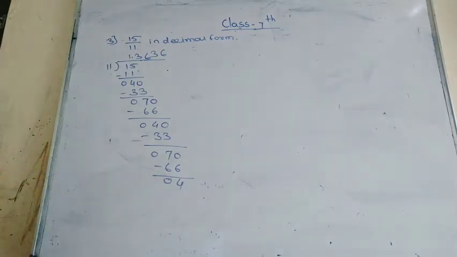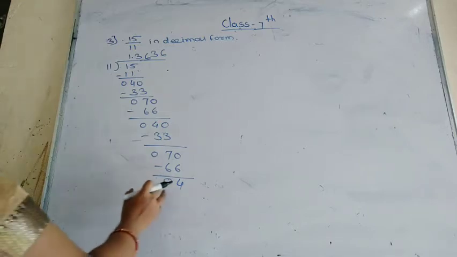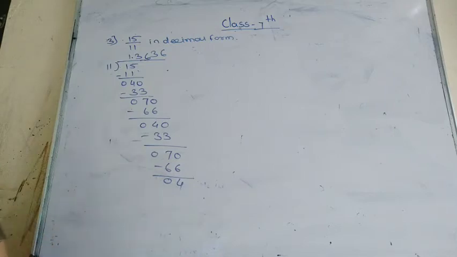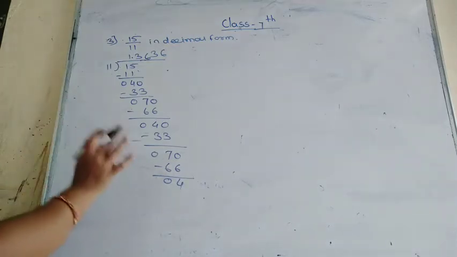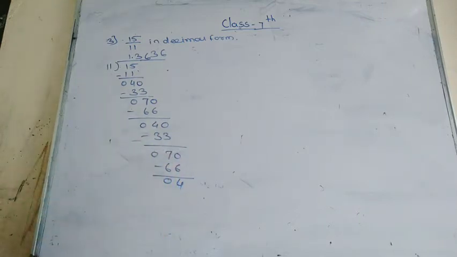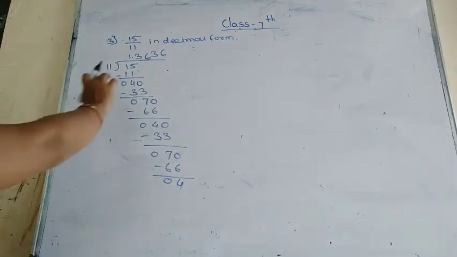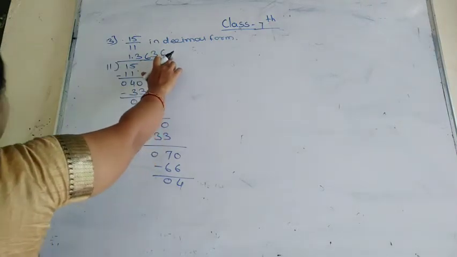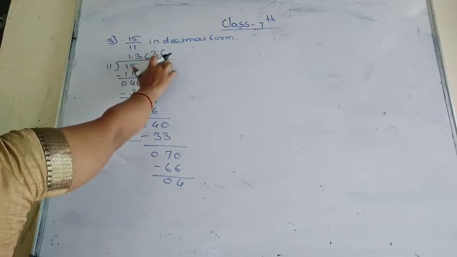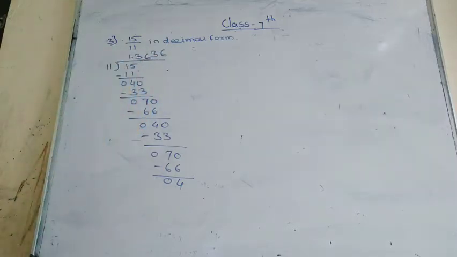Then see here, observe that the remainder repeats at alternate steps, step 3 and step 4, and again step 5 and step 6. So the division will continue endlessly. Here the repeating digits after the decimal point are 3 and 6.